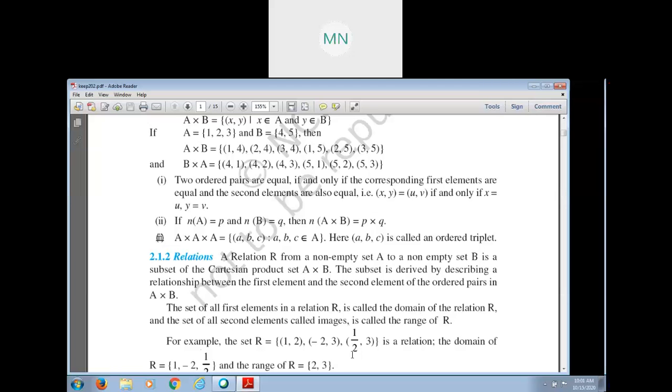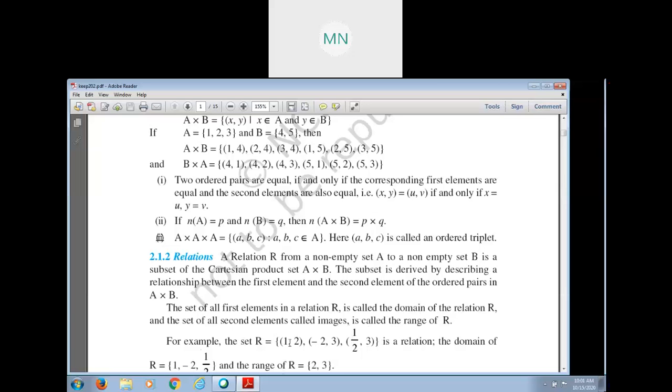I said the first element of R. R is this one: (1, 2), (-2, 3), (1/2, 3).